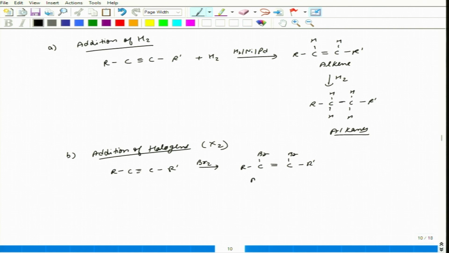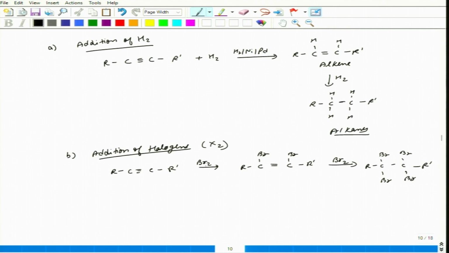So, the alkene bromide is formed, and again, if the bromine is in excess, the alkene can also undergo a similar kind of reaction. That means a further bromine molecule can be added and it will give the tetrabromo product.